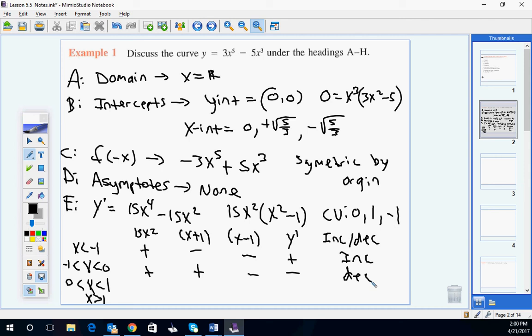As you can see, this is always positive. That's positive. That's negative. So still decreasing. And bigger than 1, try 2. Positive, positive, positive.